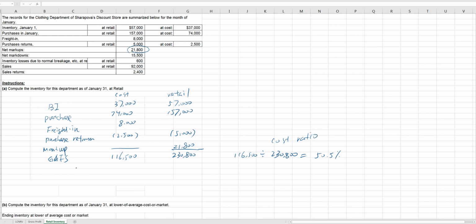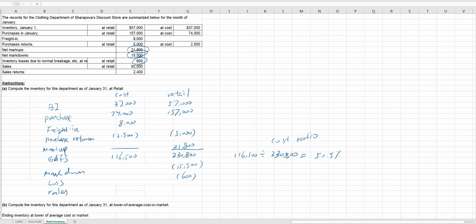Now let's continue with the information. We're going to treat the markdown as a deduction in my retail value, and also inventory loss, another deduction for my retail value, and finally it is my sales.